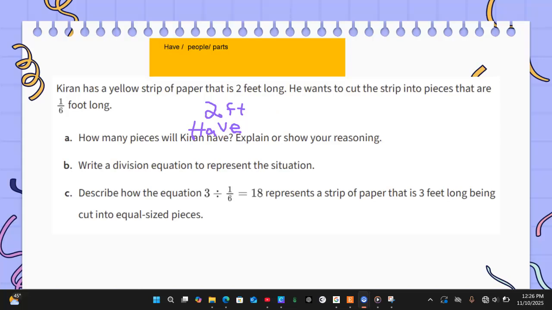Let's write it out for you. 2 feet strips divided by 1/6.